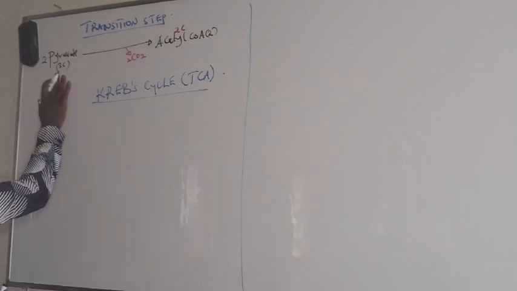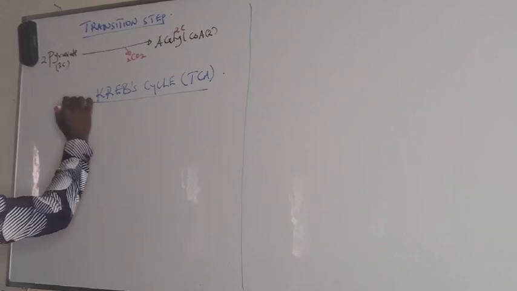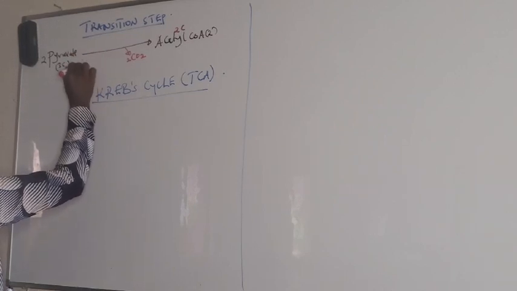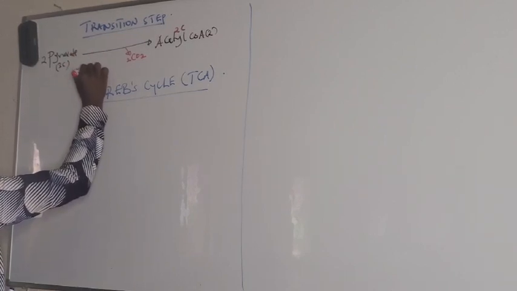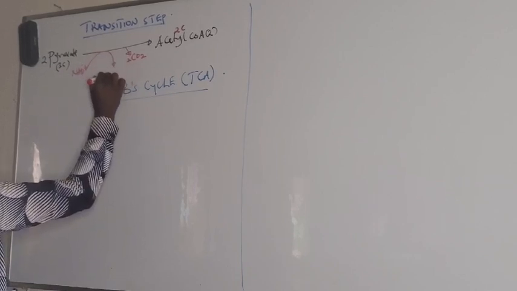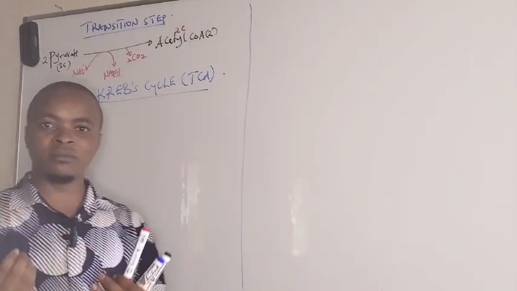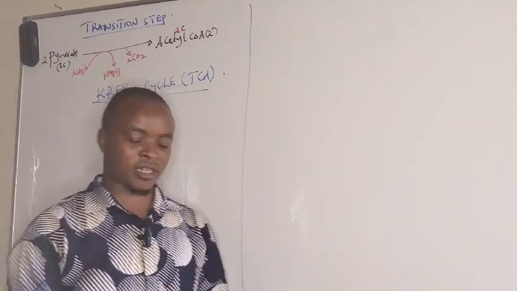Then there is an oxidation reaction, whereby NAD plus is converted to reduced NAD. Whenever I see NAD, I think of a dehydrogenase enzyme, and as I told you at first, we name these dehydrogenases according to the substrate they are catalyzing.